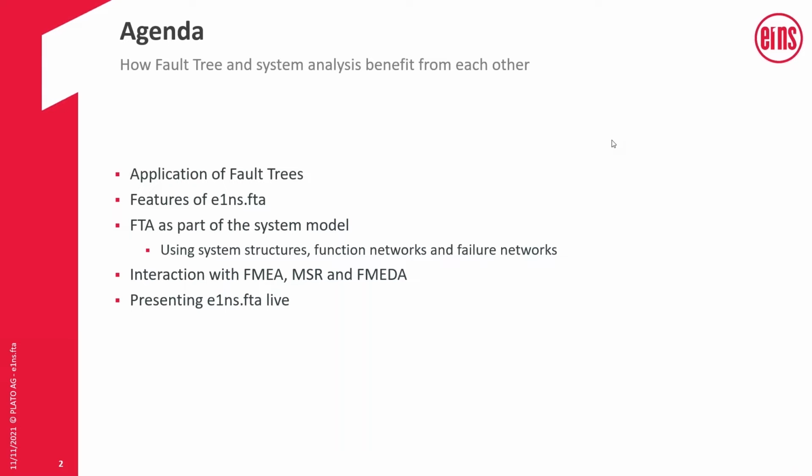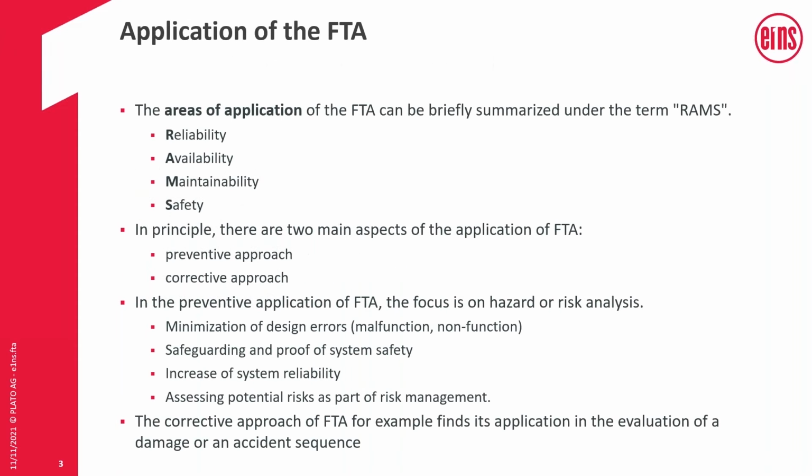Okay, so like the FMEA, the fault tree is also one of the tools of risk analysis. However, its focus, especially in a quantitative analysis, is more on the topic of reliability and safety.